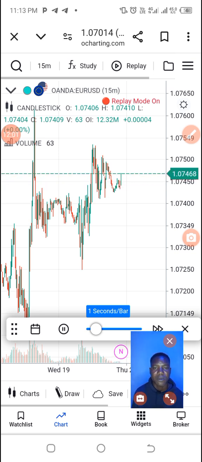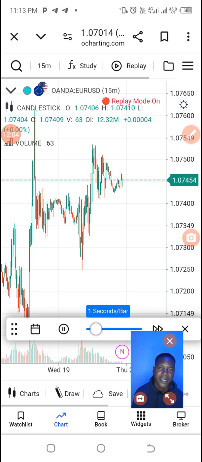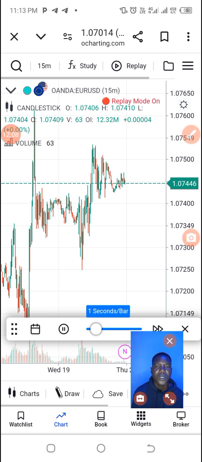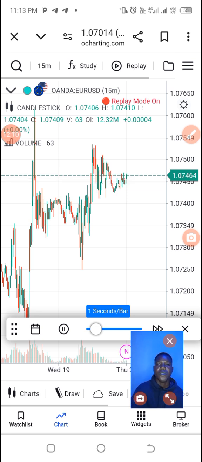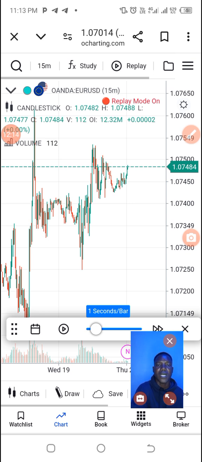Guys would have been fidgeting, not knowing what's going to happen. There was no need to really fidget, because when you see this happen, when it runs up to that up close candle, we should be expecting it to collapse, to go bearish. So that's exactly what is happening right there.